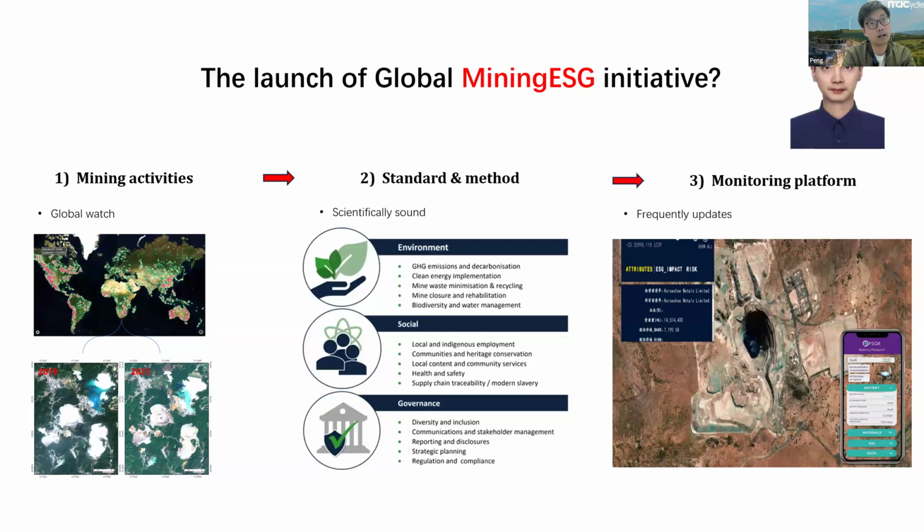That's a lot of work, and we also need to double check whether an ESG standard is good or not, and can really reveal the ESG impact of mining activities. So we need to promote a scientifically sound method and standard for ESG, from academia and from a research perspective.